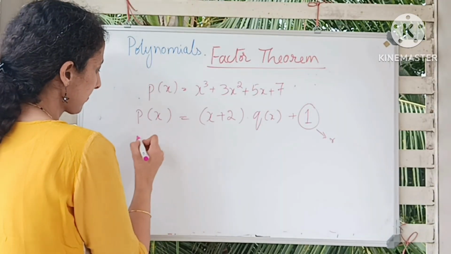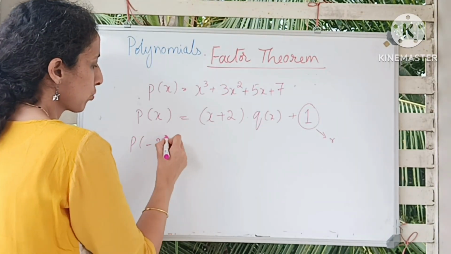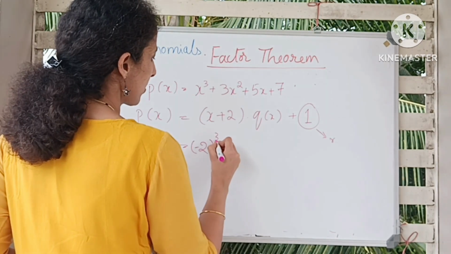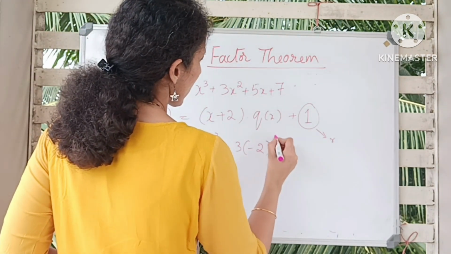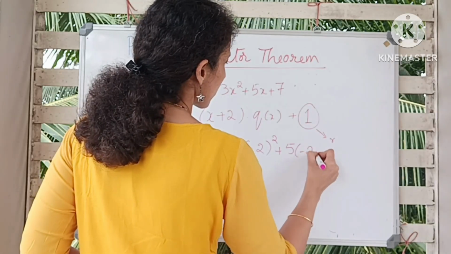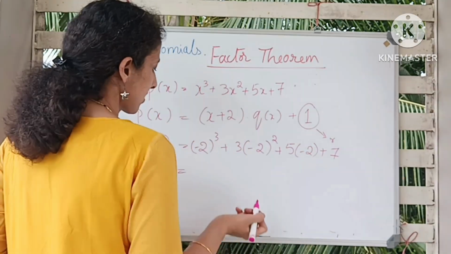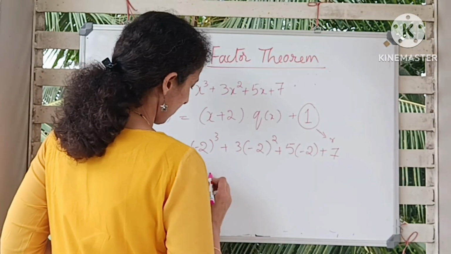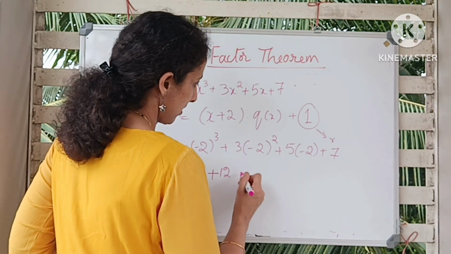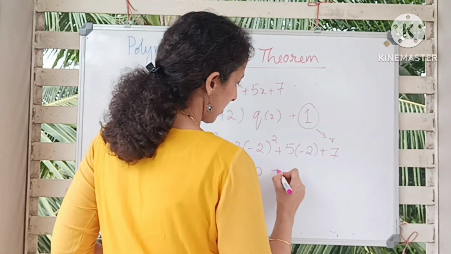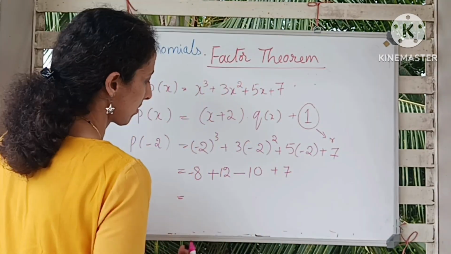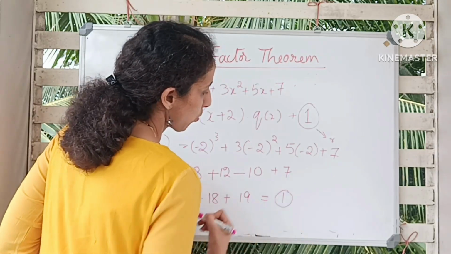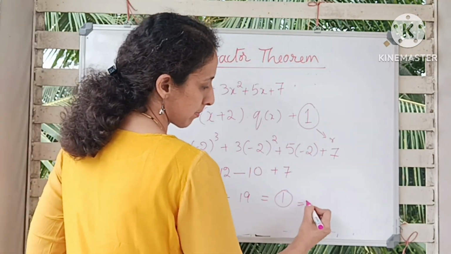Here when we take p of minus 2, like the previous case, we get minus 2 cube plus 3 into minus 2 square plus 5 into minus 2 plus 7, that is equal to minus 8 plus 12 minus 10 plus 7, which is equal to minus 18 plus 19, giving 1, which is the same as our remainder r.